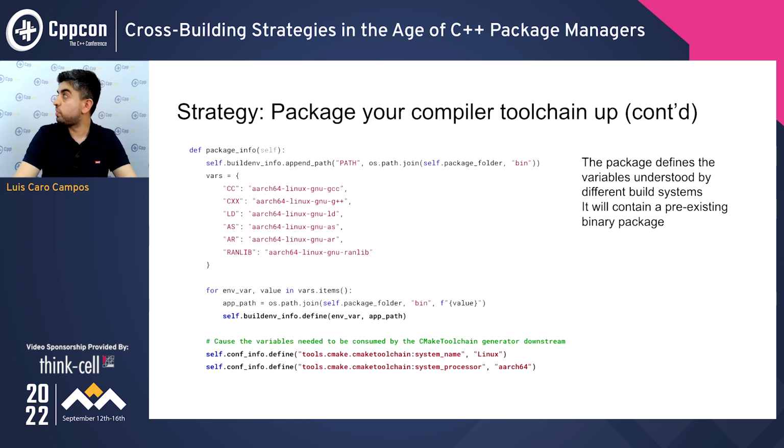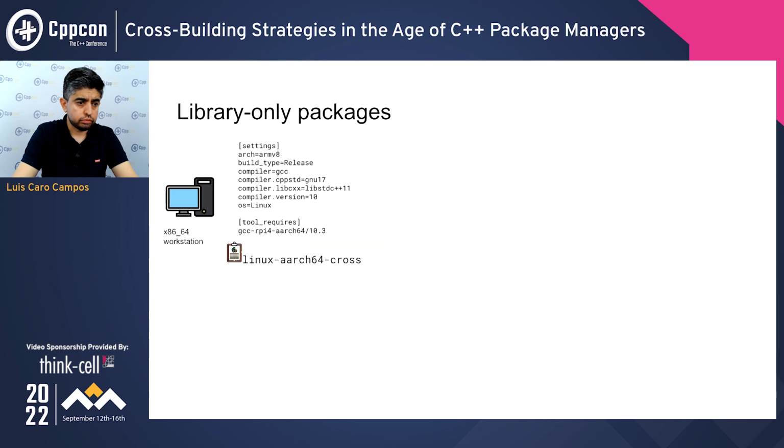In this case, it's going to be those environment variables that I mentioned earlier that build systems on Linux typically need to know about to build for a different platform. At the bottom, we also have a CMake toolchain integration. By defining the system name in the toolchain manually like that, CMake knows, hey, I am cross-compiling.